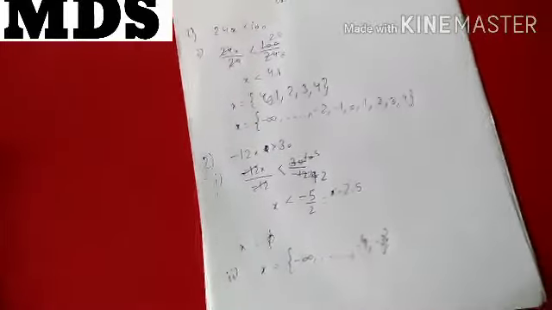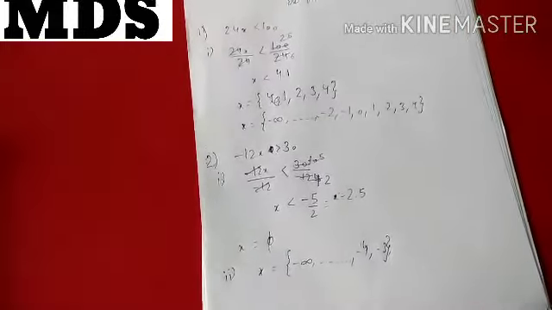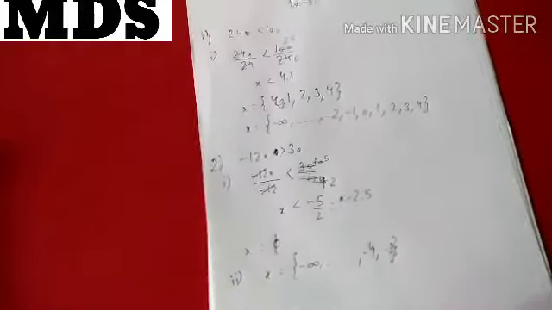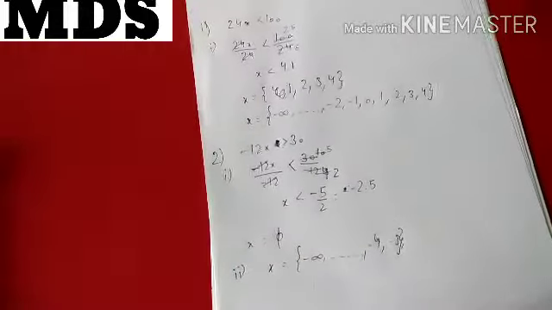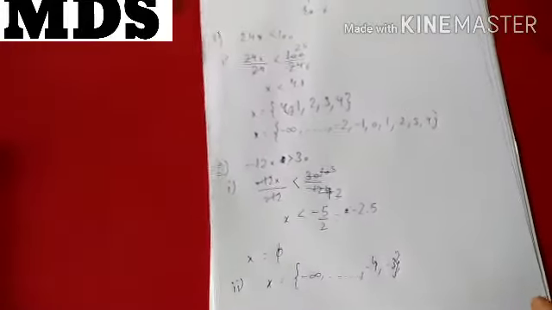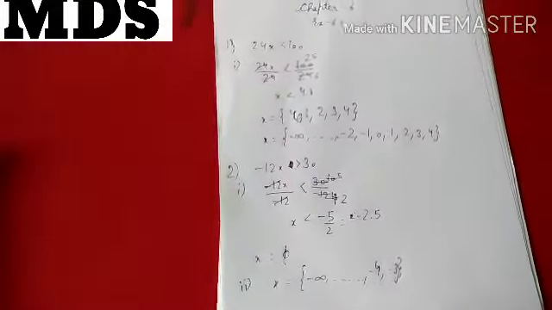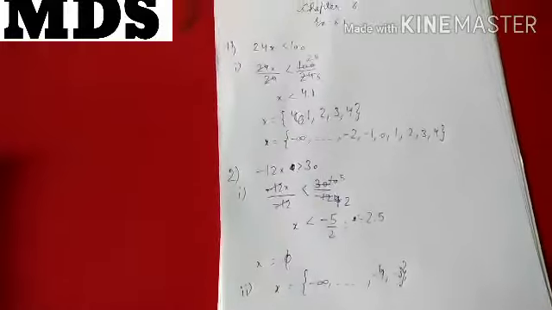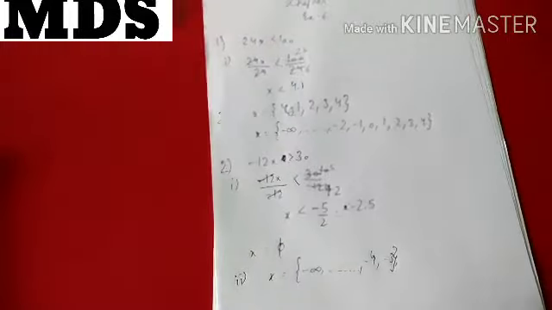We will not include minus 2 also, because minus 2 is greater than this, but we need all the values of x that are less than minus 5 by 2. So it's our answer.